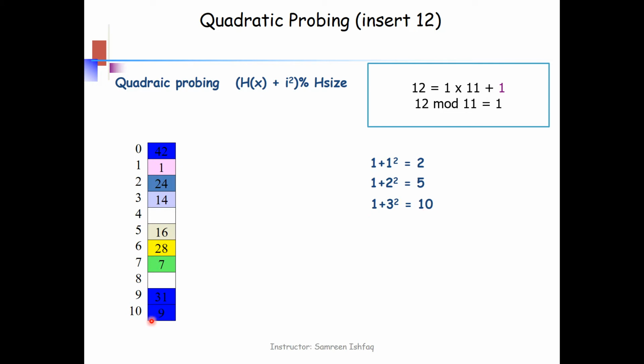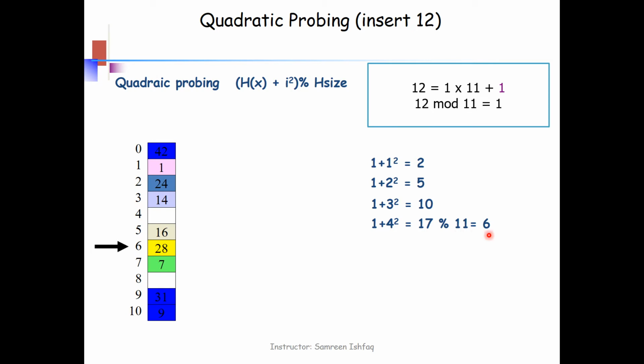Now we will check index 10, not an empty slot, again a collision occurs. Now 1 plus 4 squared: 4 squared is equal to 16, and 16 plus 1 is equal to 17. Now 17 is greater than the table size, so we will again take mod with the table size. 17 mod 11 is equal to 6.